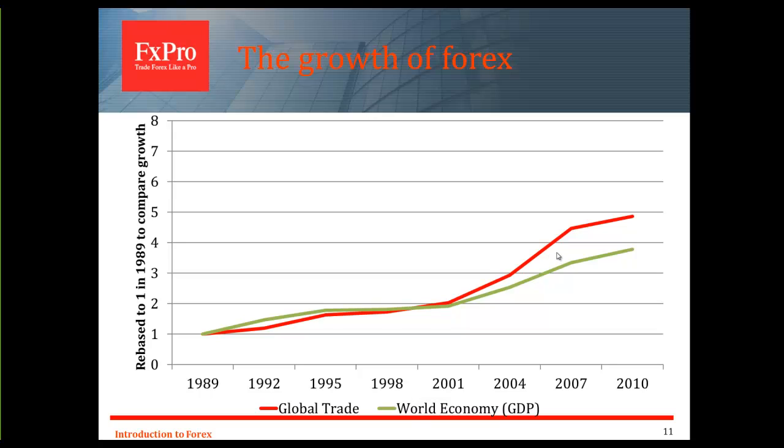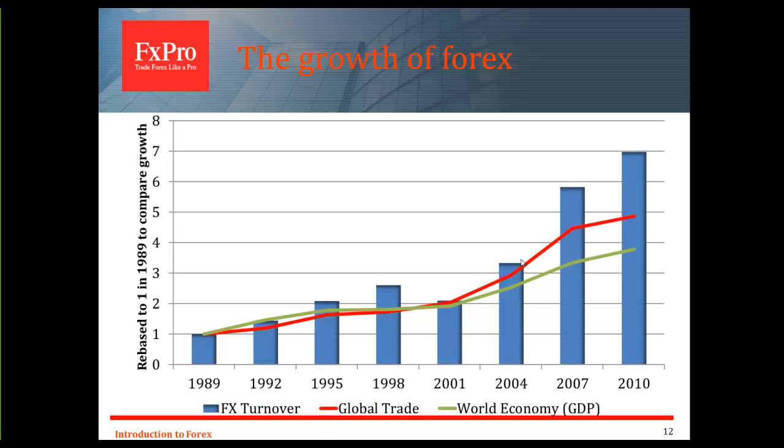So that naturally requires an exchange of foreign currencies in relation to the other. So you can understand why foreign exchange would have increased because of this bigger growth in world trade. But you can see within that, foreign exchange has outstripped the turnover, even that seen in world trade and also global trade. So you can see pretty strong growth in FX over recent years.